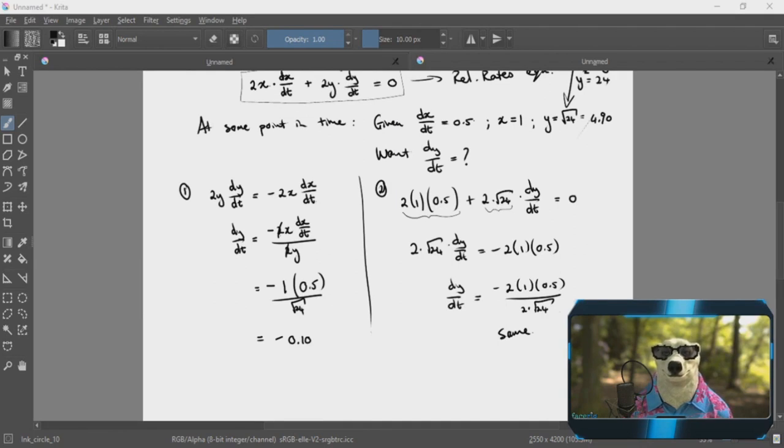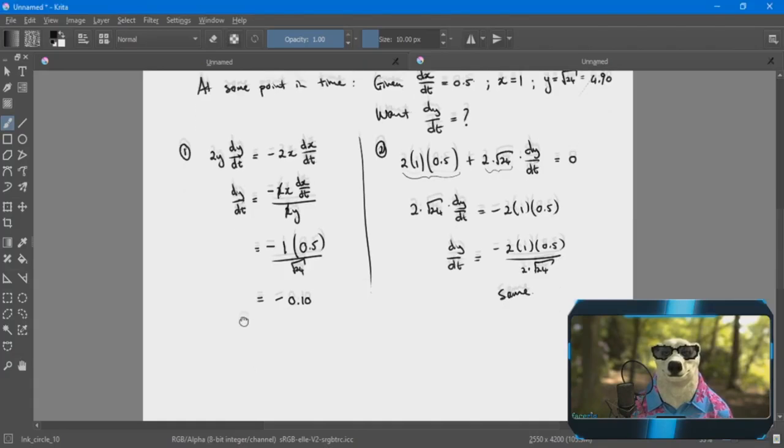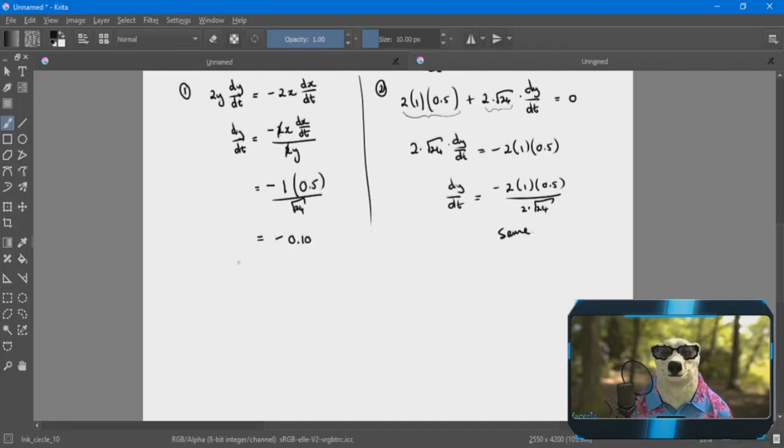So there's only one thing left to do, and that is our concluding sentence. So we have calculated what happens to the vertical distance in terms of its rate of change.